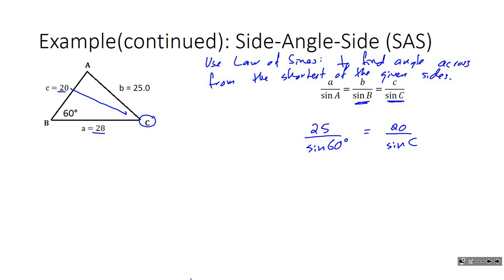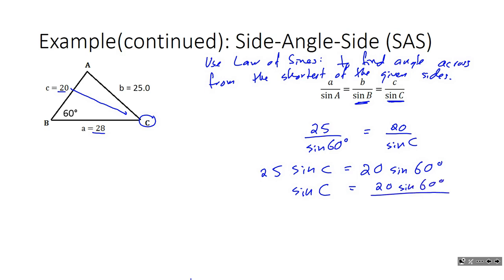Let's cross multiply. We will have the sine of C times 25, and the other cross product would be 20 times the sine of 60 degrees. Let's solve for the sine of C. That would be 20 sine of 60 degrees over 25. Now we don't want to put this yet into our calculator.